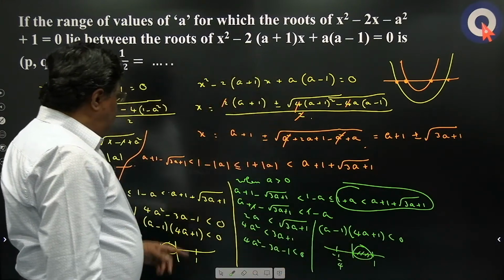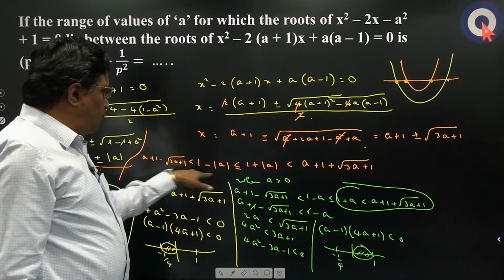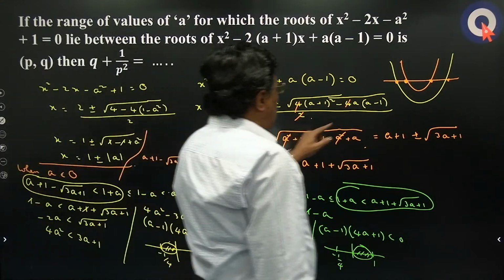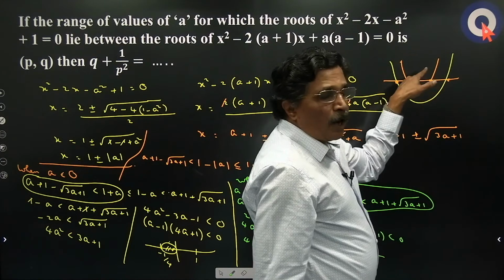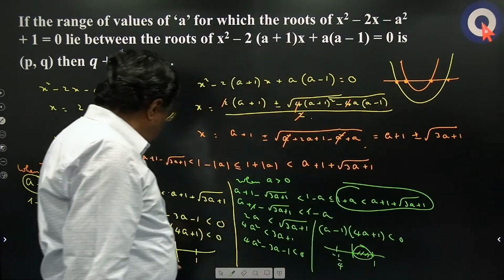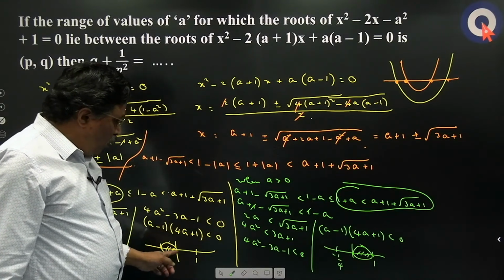However, a equal to 0 is valid, this inequality is satisfied for a equal to 0. In that case, the roots are equal for this inner parabola. So that's the reason why we can take a equal to 0 also. So therefore, we have minus 1 by 4 to 0, including 0, up to 1.